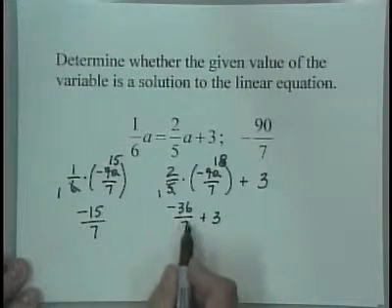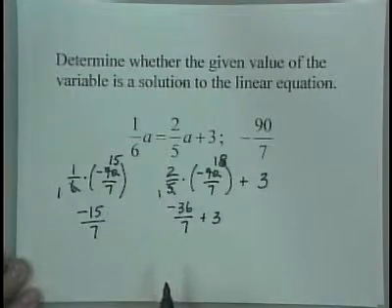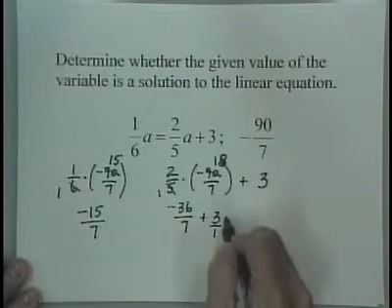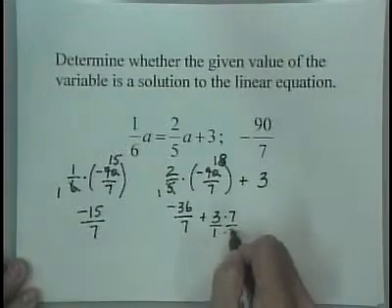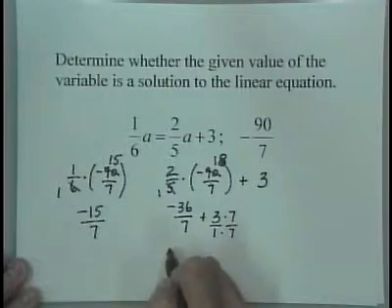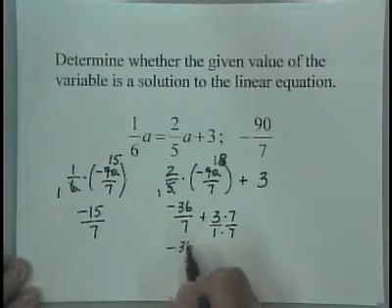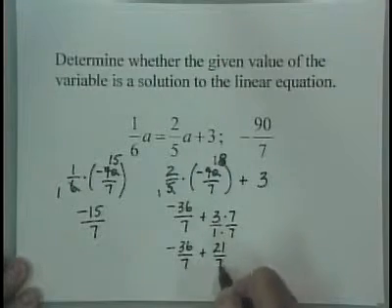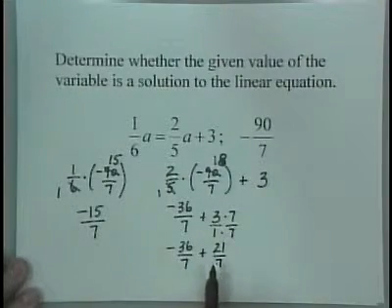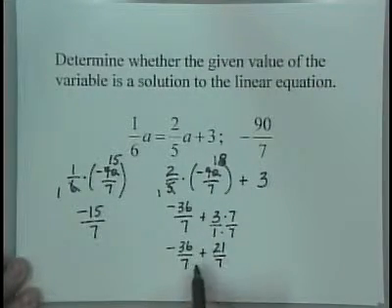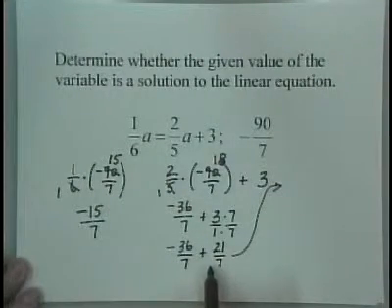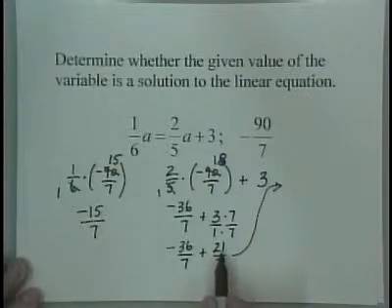The common denominator for this addition is the number 7. Consider 3 to be 3 over 1 and multiply its numerator and denominator by 7. So we see that our problem is negative 36 sevenths plus 21 sevenths. We add the fractions by combining their numerators and putting the result over the common denominator 7.